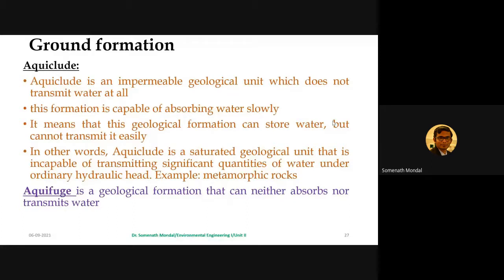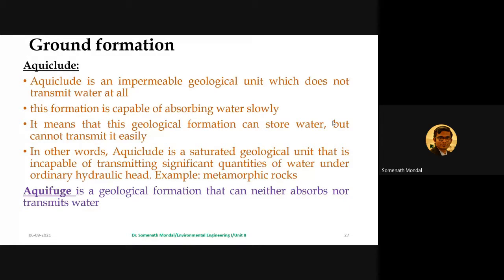Fine. In different way, we can say aquiclude is a saturated geological unit that is incapable of transmitting significant quantities of water under ordinary hydraulic head. So usually when we give example, we talk about metamorphic rocks, but not all metamorphic rocks are aquiclude. Depends upon several other factors, which we are not going to talk about here.